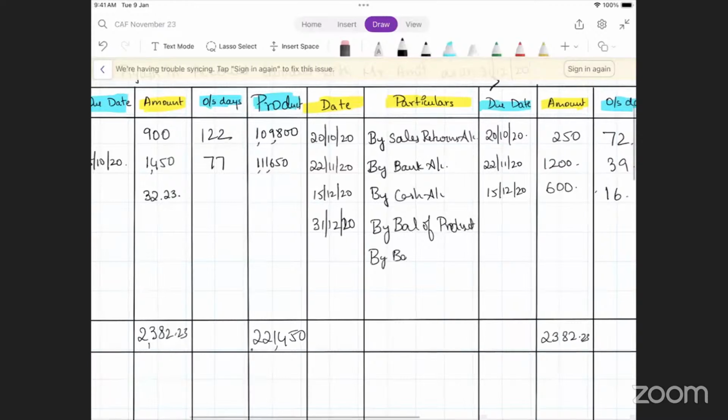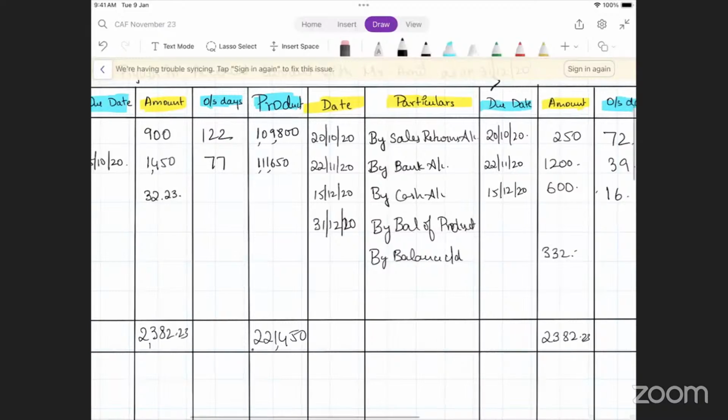By balance carried down. What's the difference you get? 332.23. Yes.